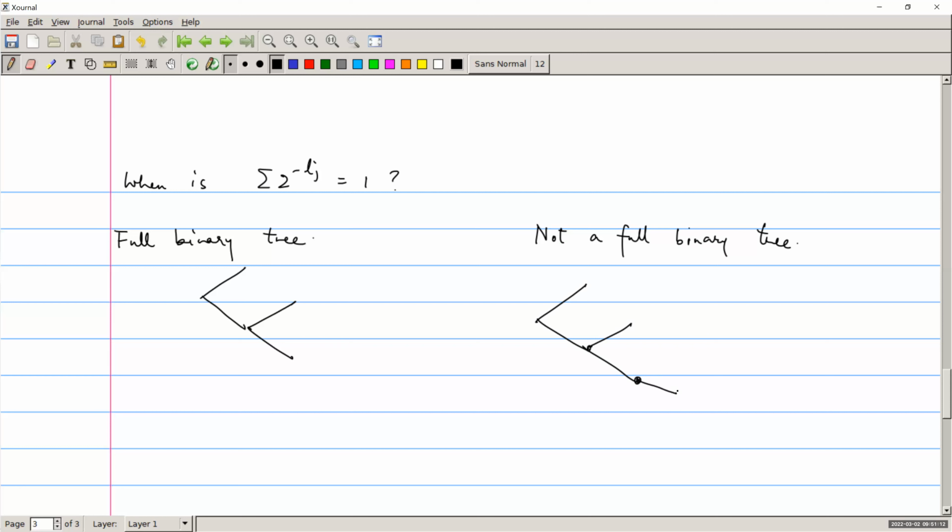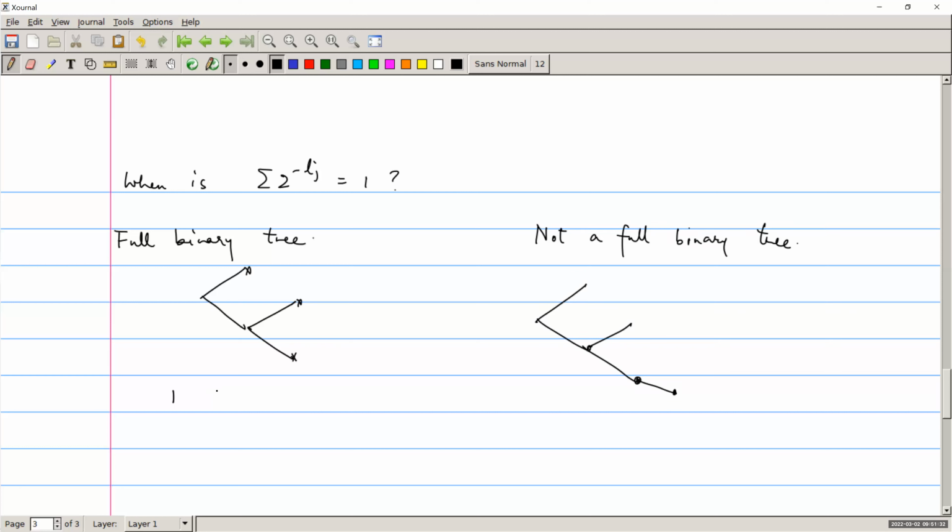Okay, so when your code words are the leaves of a binary tree which is not complete or full, then Kraft's inequality is satisfied with strict inequality. In this case, the summation of 2 to the minus L. Here these are the three code words.